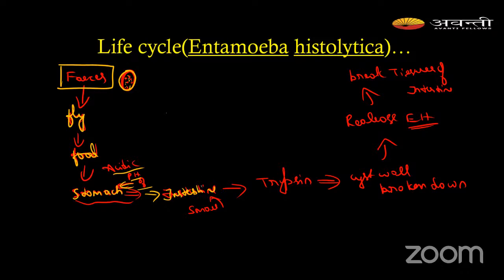In the intestine there is a trypsin enzyme. Through this trypsin enzyme, the cyst wall is broken down and it releases the Entamoeba histolytica. Then Entamoeba histolytica feeds on the tissues in the large intestine and the small intestine, thereby damaging the intestine and causing the severe disease.